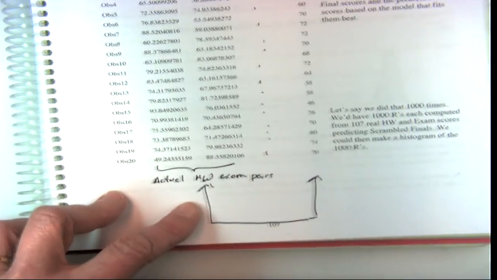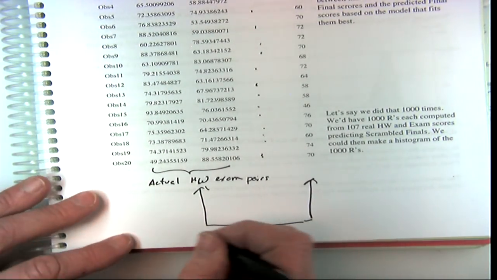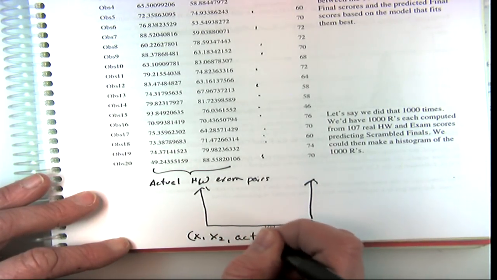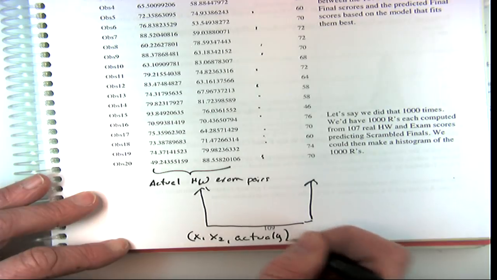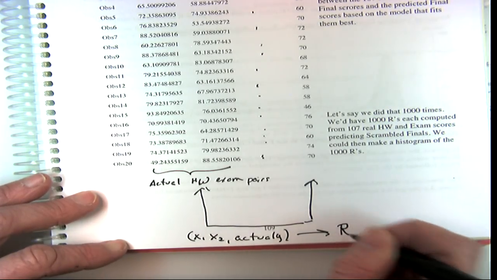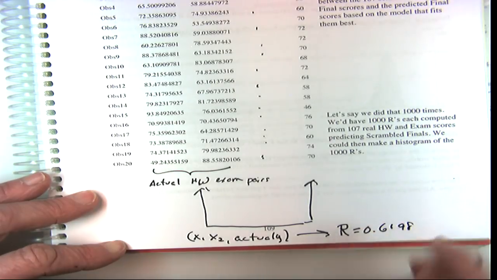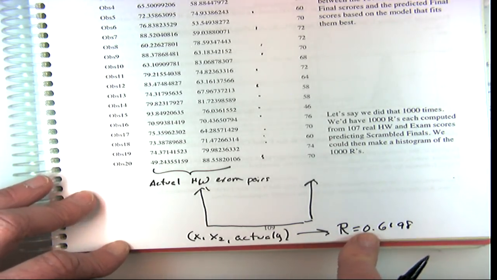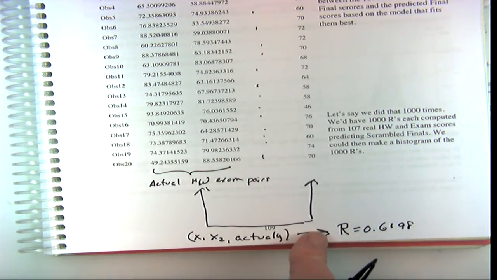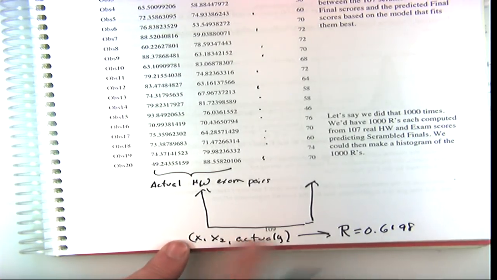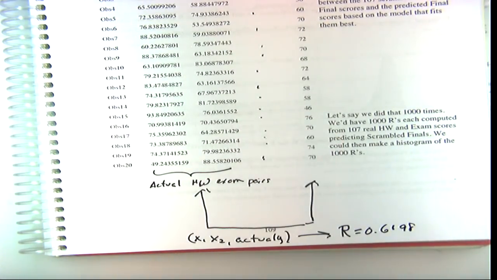So you have x1 and x2 and your actual y, and from that we got a sample correlation of 0.6198. That's the multiple correlation of how close our predicted finals are to the actual ones, what we predict from our model.